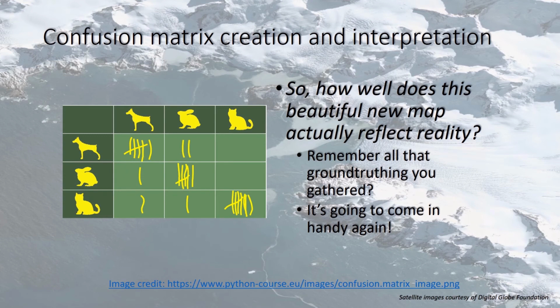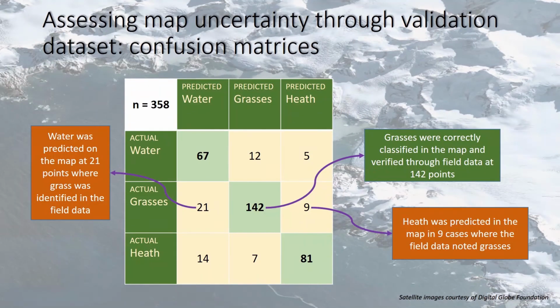when you're creating these confusion matrices, or error matrices is another common name for them, I just made up a simple fake error matrix here. But what you'll do is you'll arrange for each class. Let's say there are only 3 classes in this map. You have water, grass, and heath.